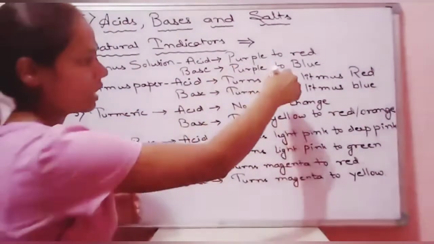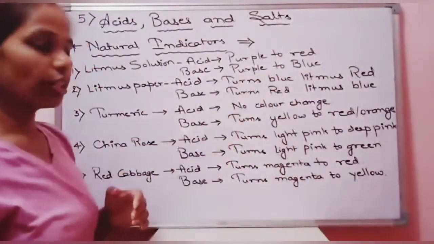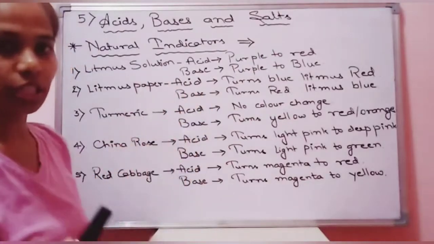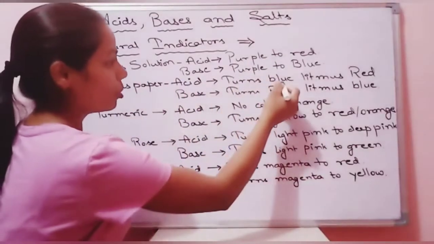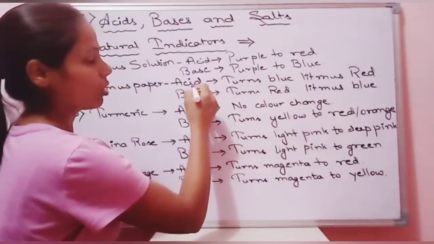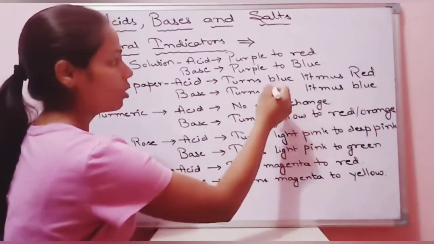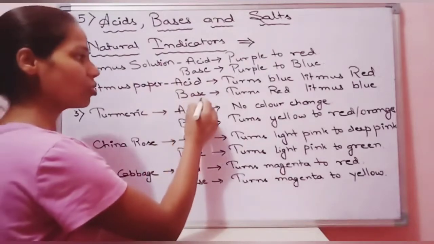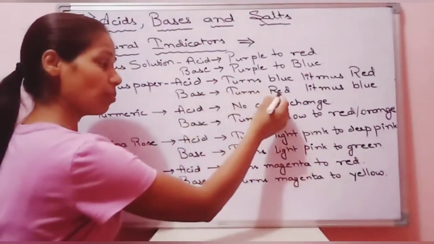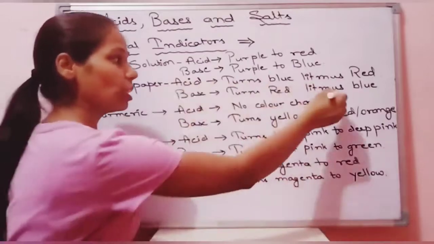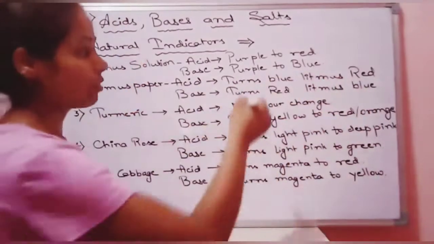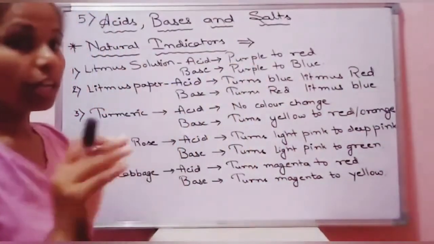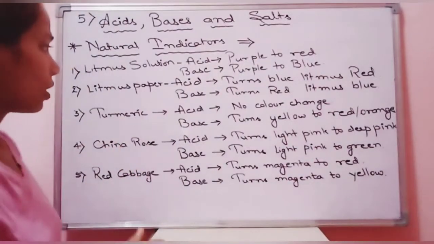So these are just opposite of each other, and one thing needs to be taken care of. Here, the blue strip is dipped in the acidic solution, but if you dip the red strip, no color change you will find. Okay. Similarly, in the basic solution also, a red strip when dipped in the basic solution gives blue color, whereas if you dip the blue strip, it will not change its color.